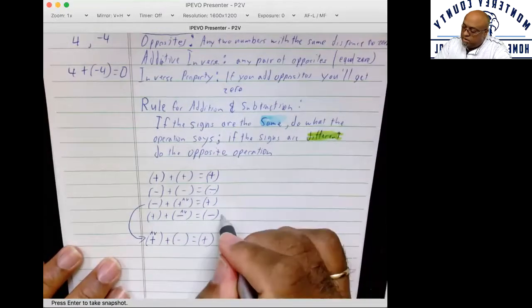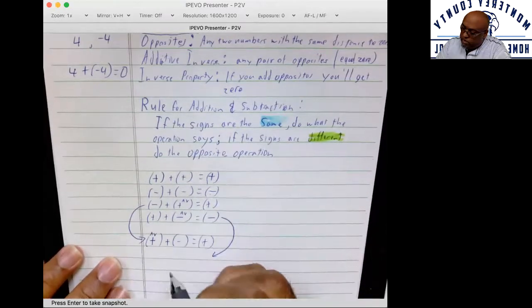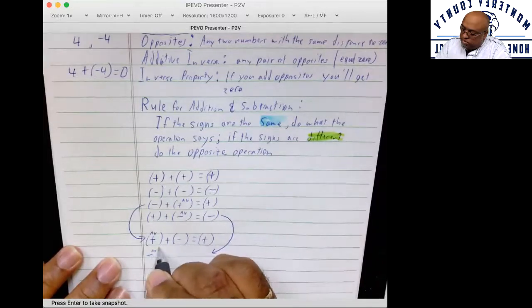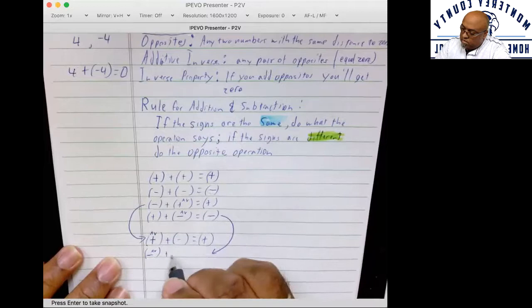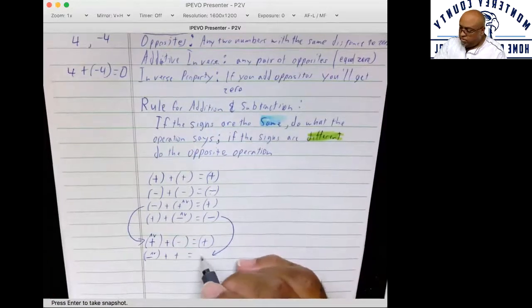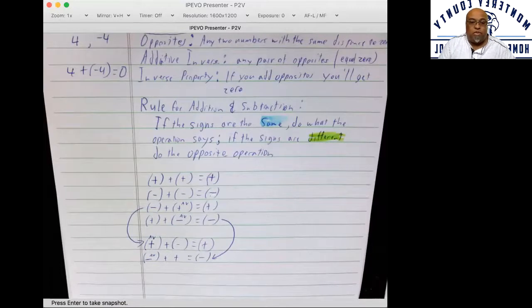And the same here, I can rewrite this one in the opposite order. A negative with a greater absolute value plus a positive is still going to be negative, okay? So those ones, I can switch the order and what happens is still going to be true.